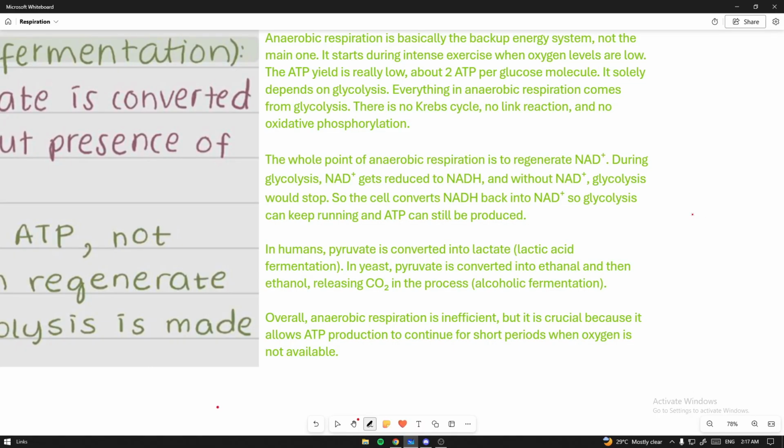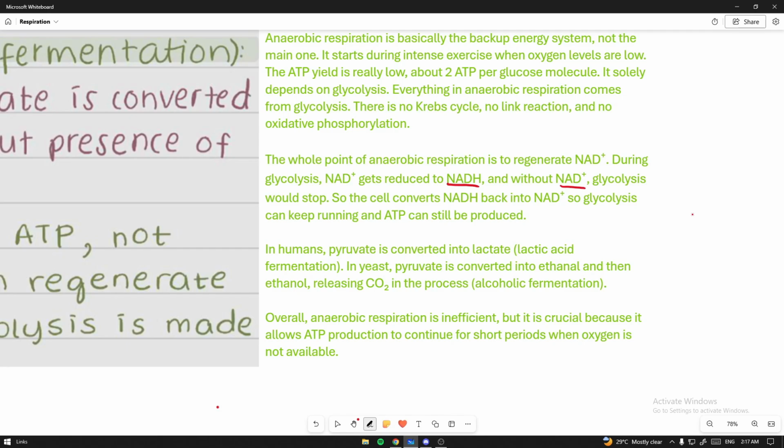Anyways, the whole point of anaerobic respiration is not to make energy. It's just to regenerate NAD plus. Why? We're gonna talk about it briefly. During glycolysis, NAD plus gets reduced to NADH, and without NAD plus, glycolysis would stop.